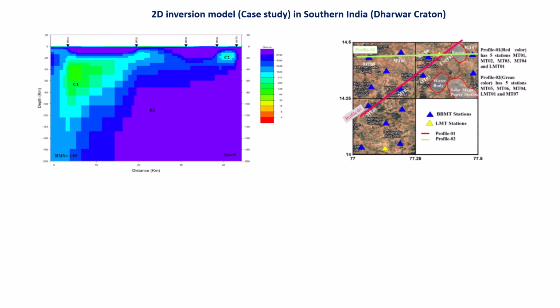Now we can see one of the sections in the Dharwar craton in the southern region, showing the intermediate conductive zone along that profile, where the broadband magnetotelluric station is at the 5 kilometer distance, and the yellow is the long period magnetotelluric station at the 55-kilometer distance.